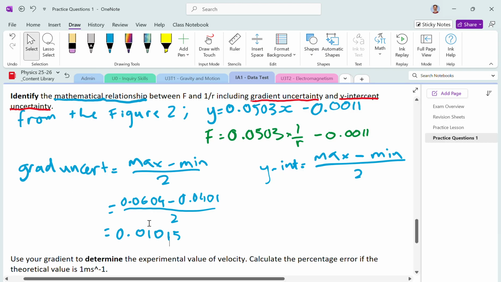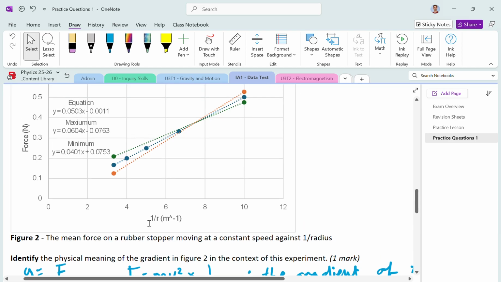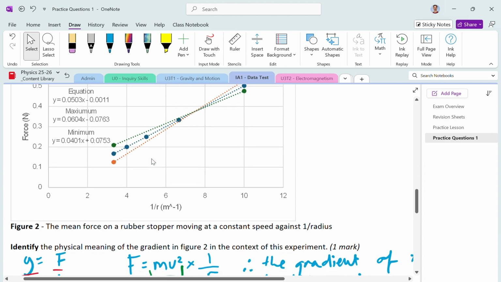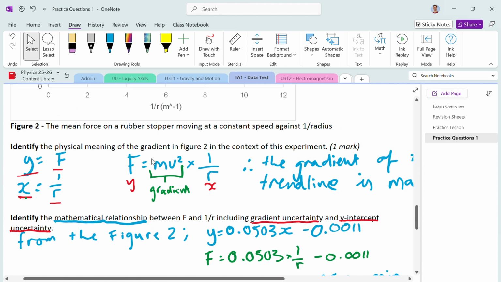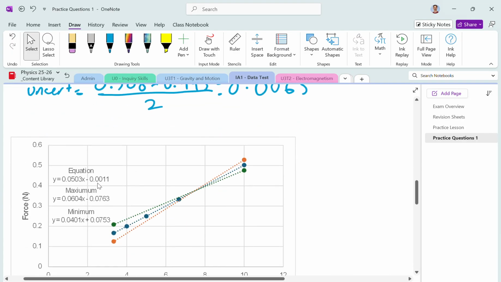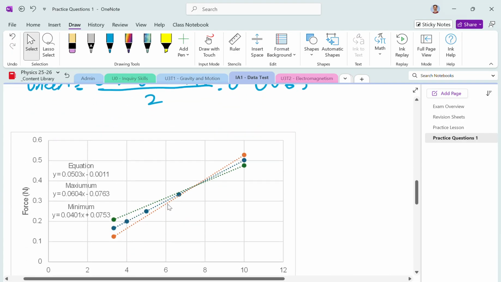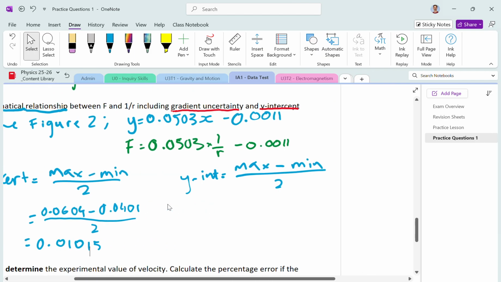Cool. And we can now do the same for the y-intercept. So the max y-intercept is negative 0.0763, and the minimum is 0.0753. Okay, so quite large in comparison to the equation of the line.